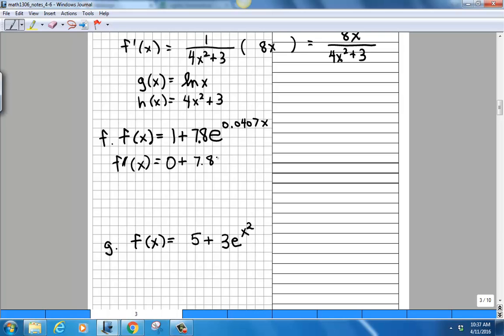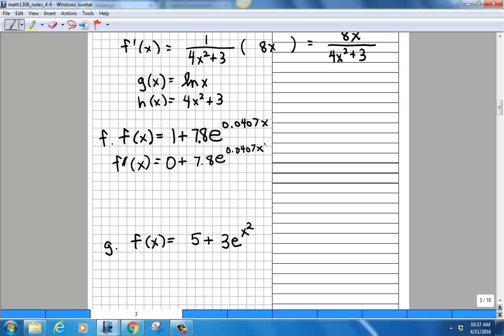So we can keep that and just repeat e to the 0.0407x. Now we're 2/3 of the way finished, because e to a power, its rate of change is just e to the power repeated.